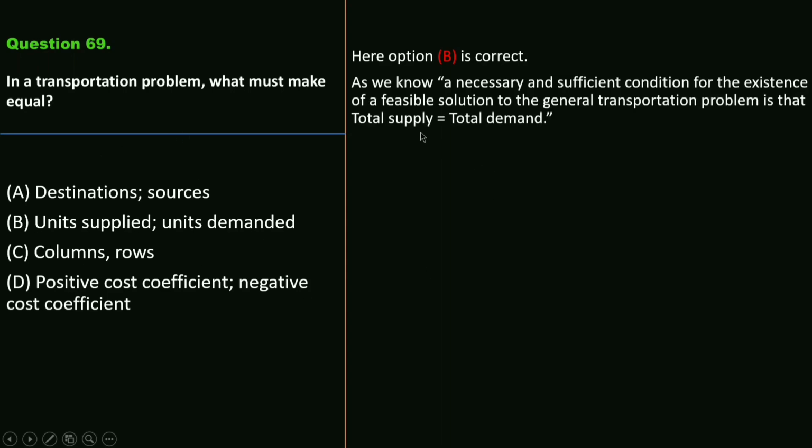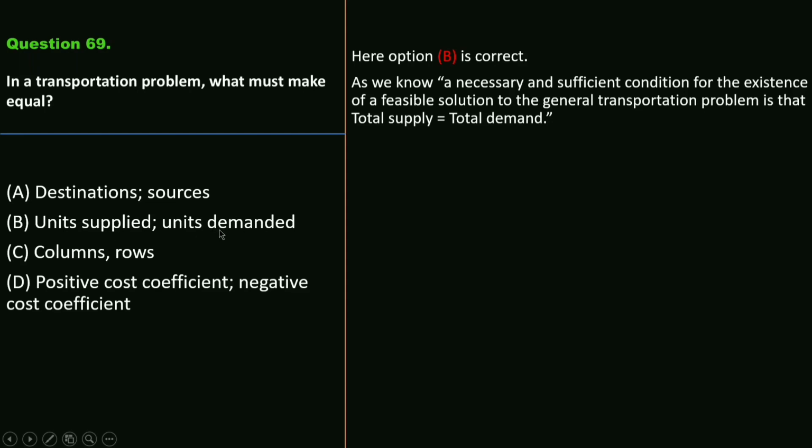That means a theorem is present. A necessary and sufficient condition for the existence of a feasible solution to the general transportation problem is that total supply is equal to total demand. Then in this case we get the feasible solution. So our first aim is to equate total unit supply to total unit demand.